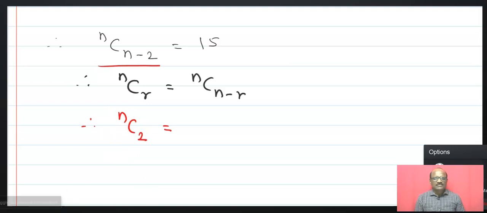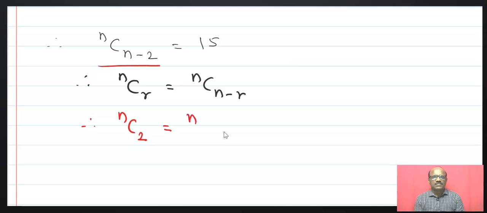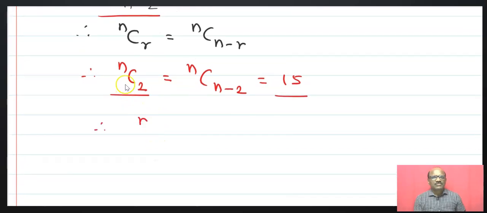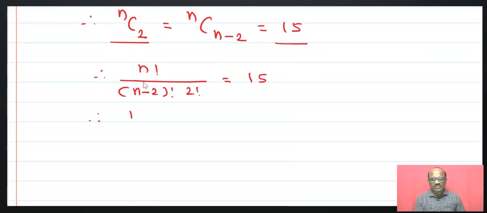Now see this again, nC2 is equal to 15, because this number is smaller one. Therefore we can perform the calculation.